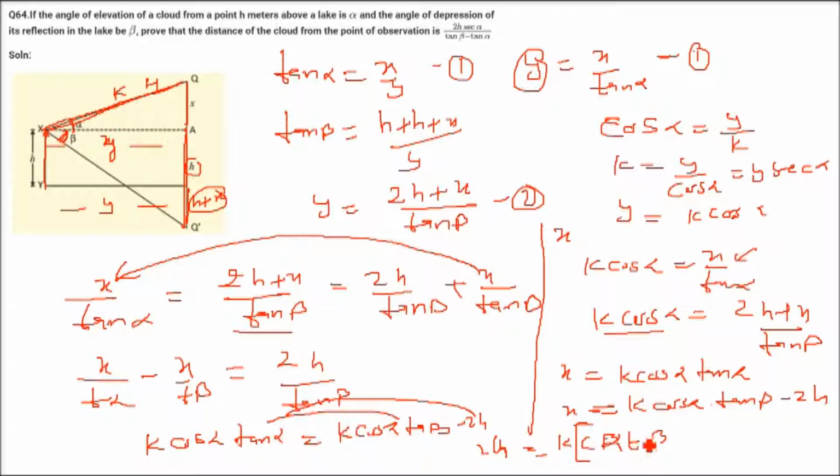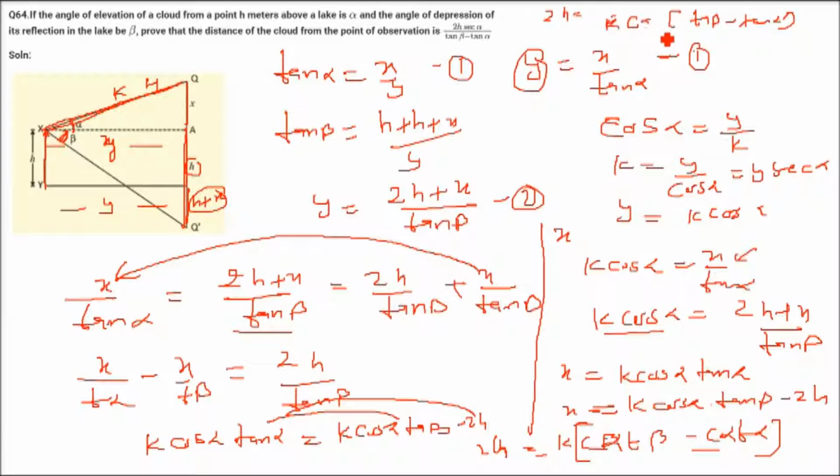So we have cos alpha tan beta, and here we have cos alpha and tan alpha. So I can take this cos alpha also common. So 2h will be equal to k cos alpha into tan beta minus tan alpha.